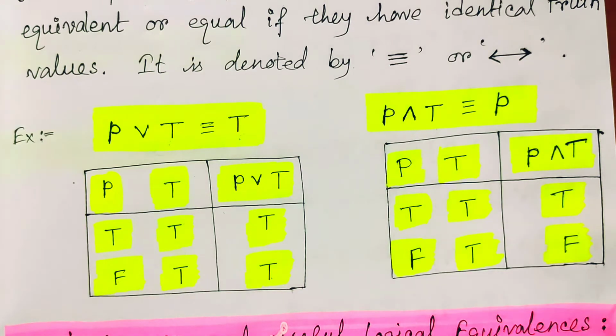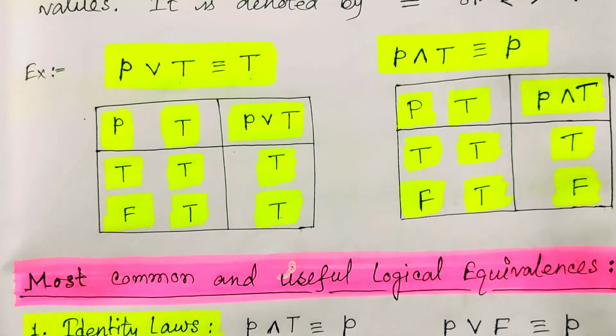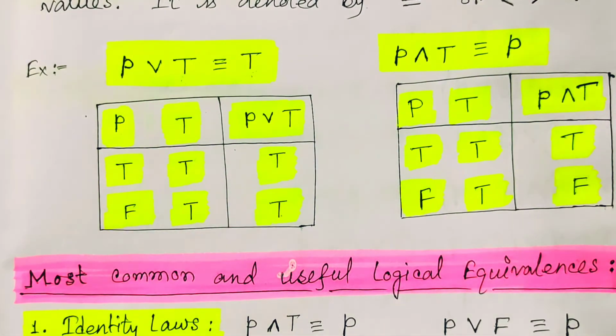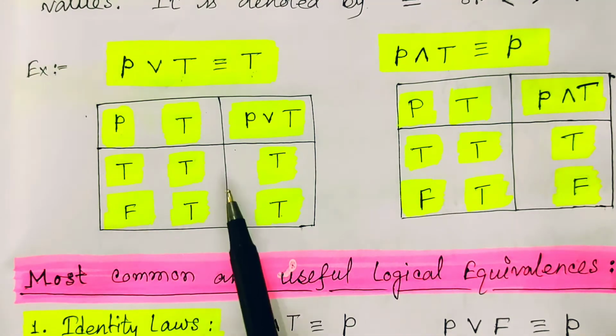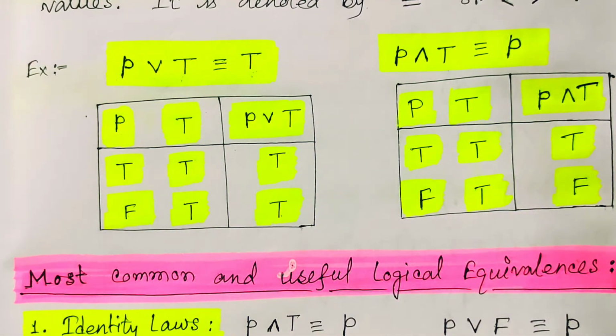So for logical equivalence, we have so many useful formulas. The most common and useful logical equivalences we are going to discuss here. And why should we discuss these logical equivalences here? For any expression given, if we create the truth table, then we can compare and establish the logical equivalence. But suppose one compound proposition has 5 unique propositions.